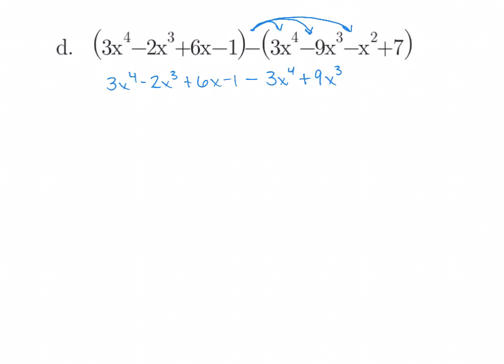We get minus negative x squared becomes plus x squared. We get minus 7 is minus 7.